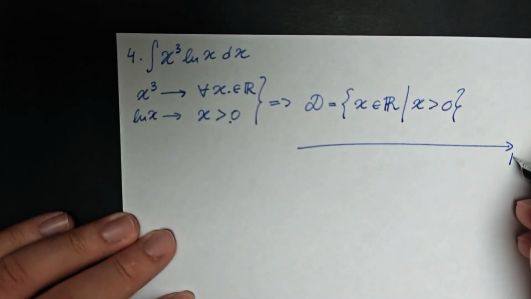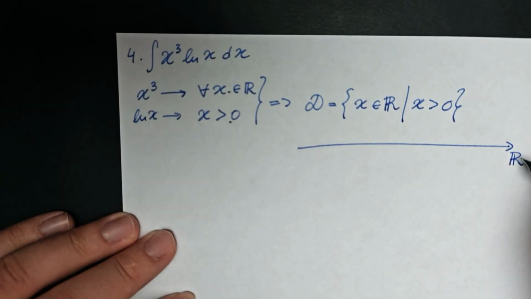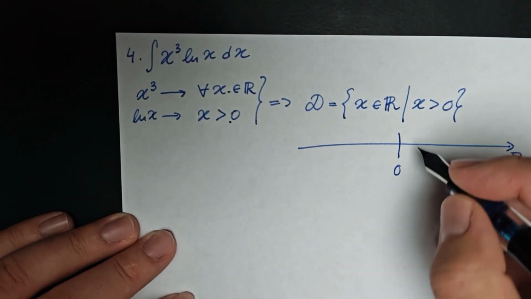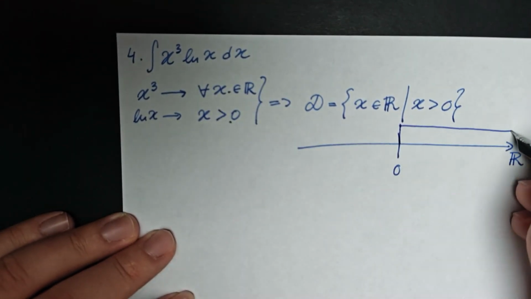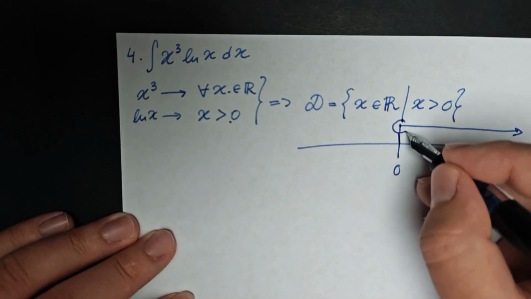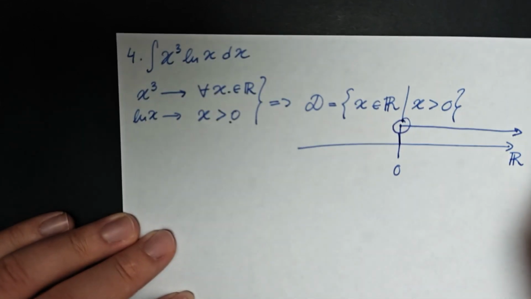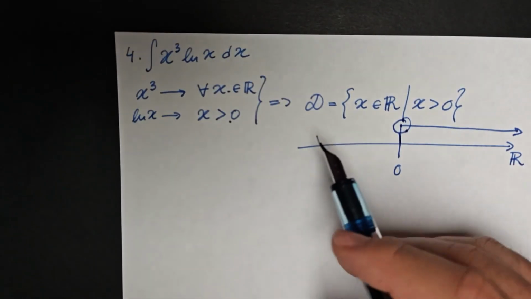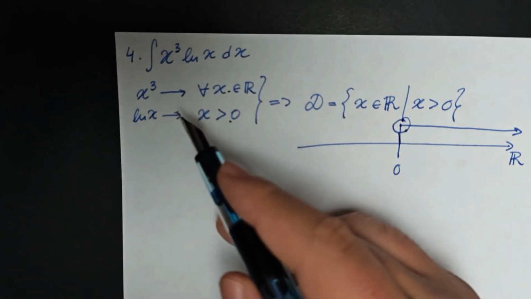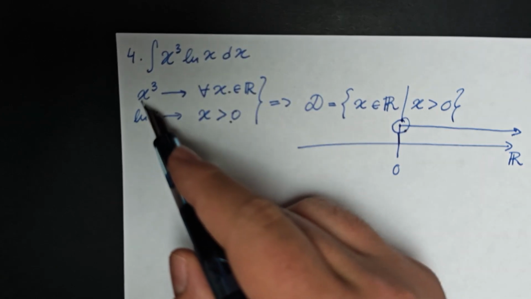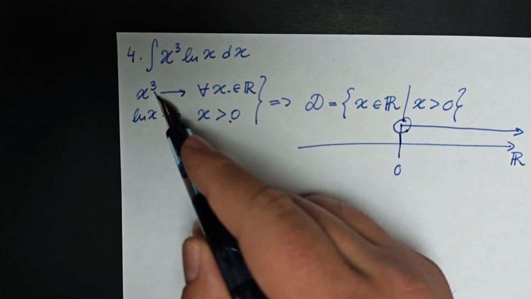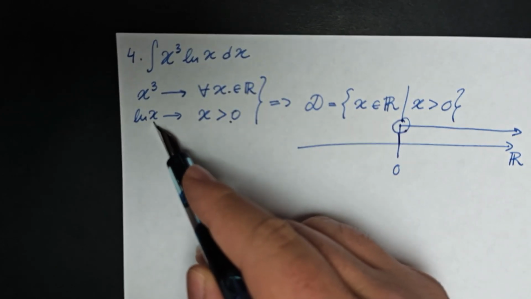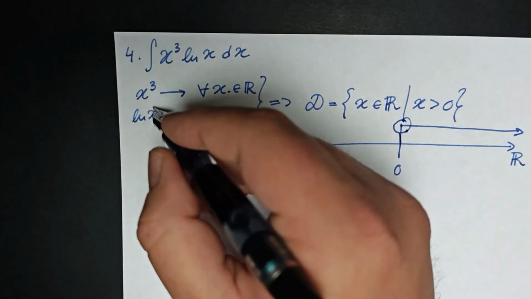This is the area. This is the set of all real numbers. 0 is here, and the area in which our integral is defined is everything to the right of 0, excluding 0. Remember, the logical connector "and" which we have here: x cubed has to be defined and ln x has to be defined.